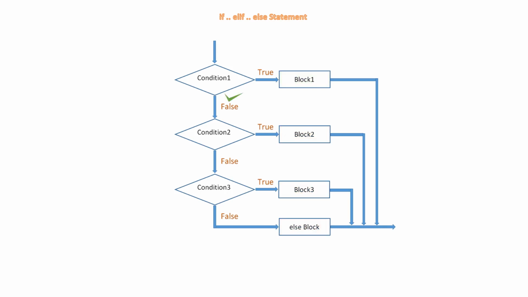If condition 1 is false and condition 2 is true, then block 2 will be executed, and other blocks will be bypassed. If condition 1 and condition 2 are false and condition 3 is true, then block 3 will be executed and other blocks will be bypassed. If none of the conditions is true, then the final else block will be executed and other blocks will be bypassed.